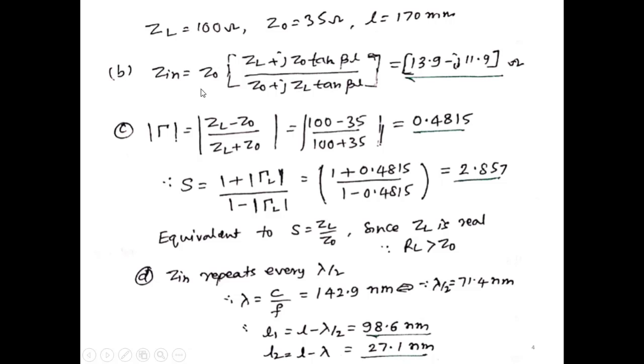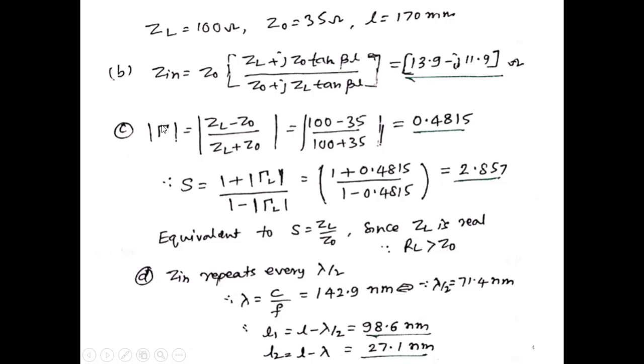Therefore Zin is equal to Z0 into ZL plus j Z0 tan beta L whole divided by Z0 plus j ZL tan beta L. If we substitute the value of ZL 100 and Z0 is equal to 35 and beta you have calculated already, and L is equal to 170 millimeter, in the numerator and denominator, then if you simplify, we will get Zin is equal to 139 minus j 11.9 ohm.